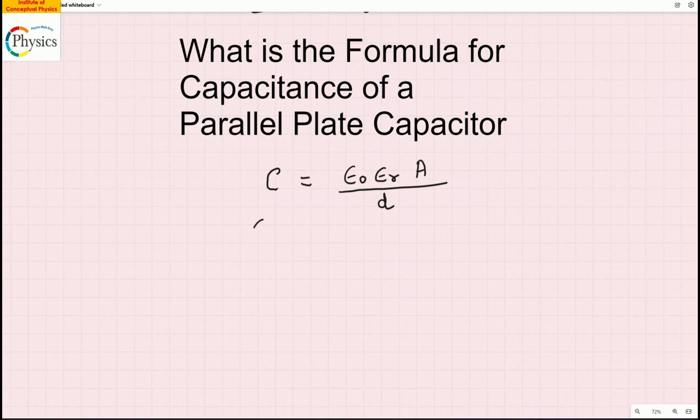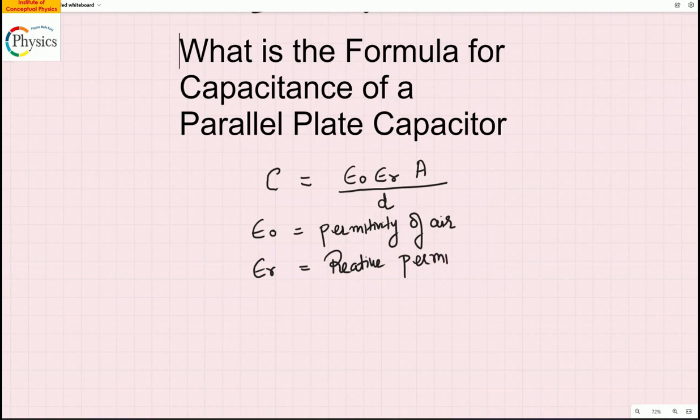So this epsilon naught is the permittivity of air or vacuum. And what is epsilon r? This is relative permittivity of air.